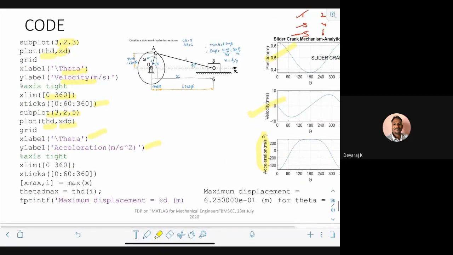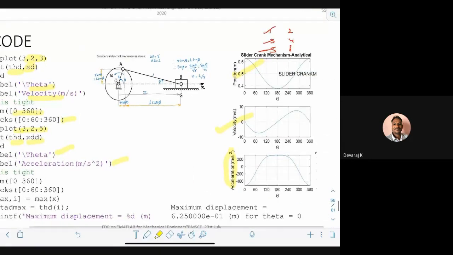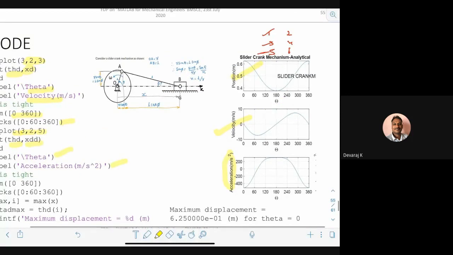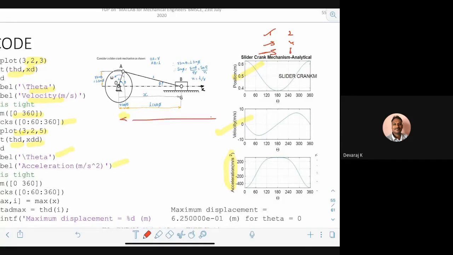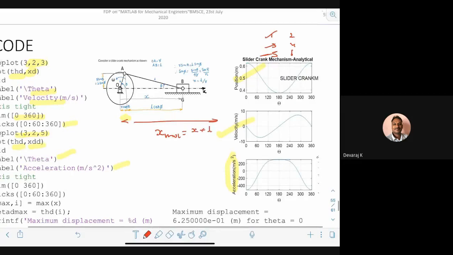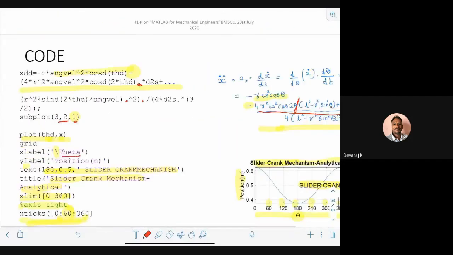Okay. Next, an important thing that you need to know is, at the outset, I know whether I have done correctly or not, because the maximum value of x maximum is what? When theta is equal to 0 degrees, it is R plus L. So you know what R and L are in this program.